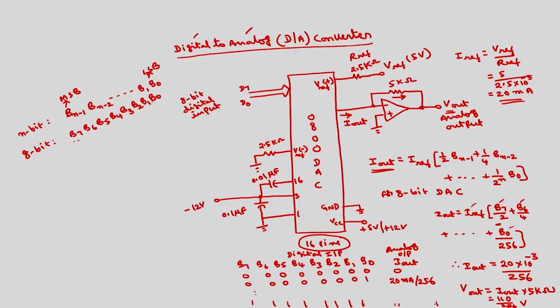Now if you want to connect this to the 8086, you simply have to connect this to one of the ports of 8255. So if I take here 8255, I will connect to port A of 8255.